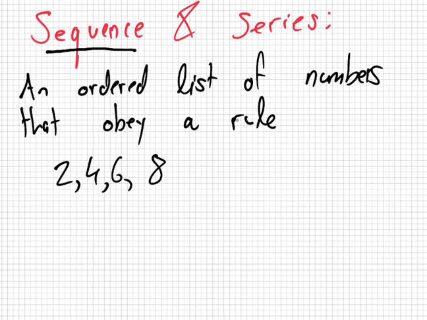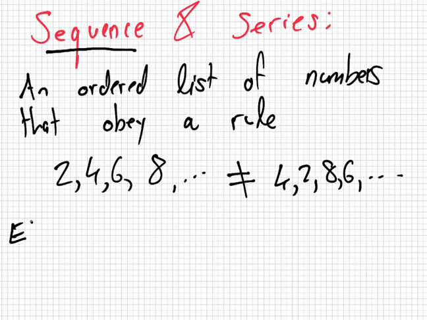The rule here, what am I doing each time? Adding 2. Please note, this is a different sequence to this: 4, 2, 8, 6, etc. Although they're the same numbers, we say they're different because they're in a different order. So the order does matter. It must be ordered and it must have a clear rule.